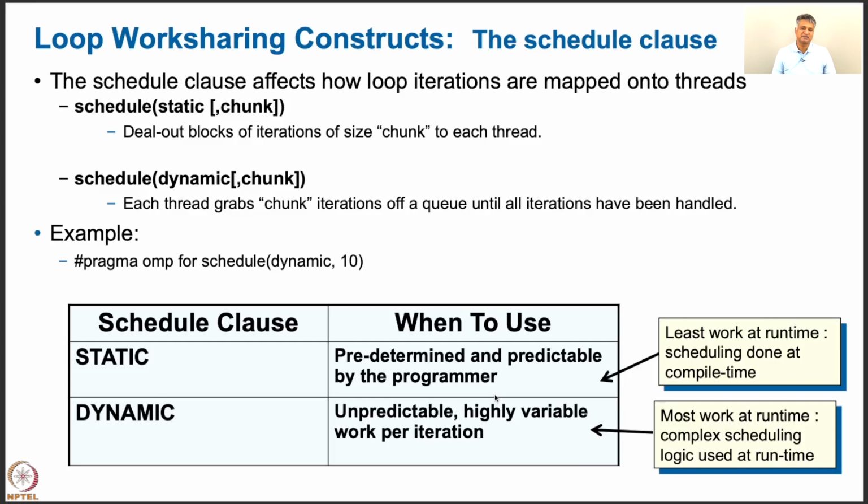So this requires slightly more complex scheduling logic, which takes more time during runtime, but it is done with an effort to finish work the fastest, especially if you have highly variable work per iteration. So one needs to use static and dynamic scheduling appropriately based on the algorithm that one is writing.